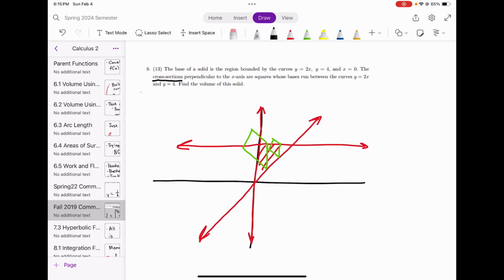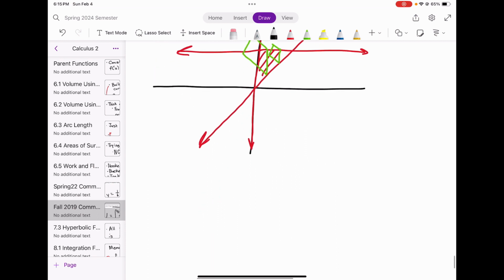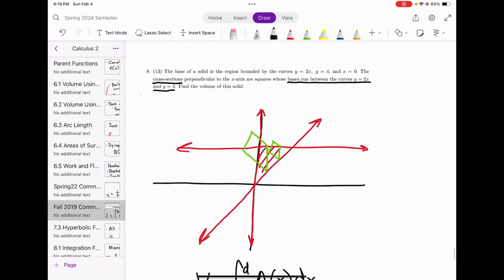Right, and the base, this part is really important. The base runs between the curves y is equal to 2x and y is equal to 4. So V is equal to the integral from c to d of A of x dx. Actually, no. I would say this is a to b.